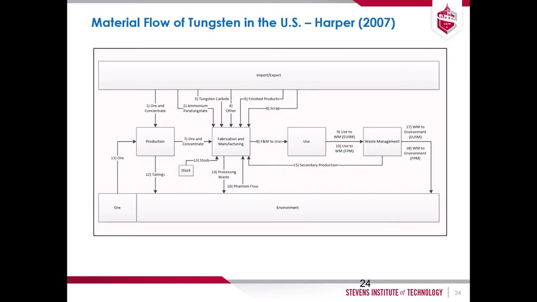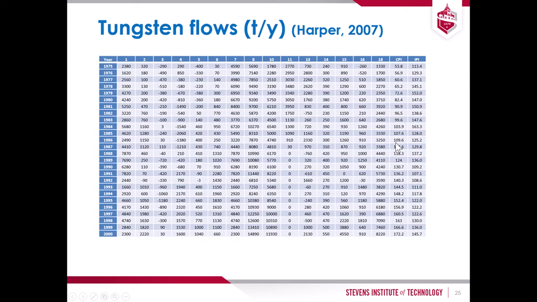My flow of tungsten model, this is the time series model. I modeled this single flow in this flow diagram. This shows mining, food production, manufacturing, use, and disposal. Again, you have a spreadsheet type of data set, but here, let me jump ahead.